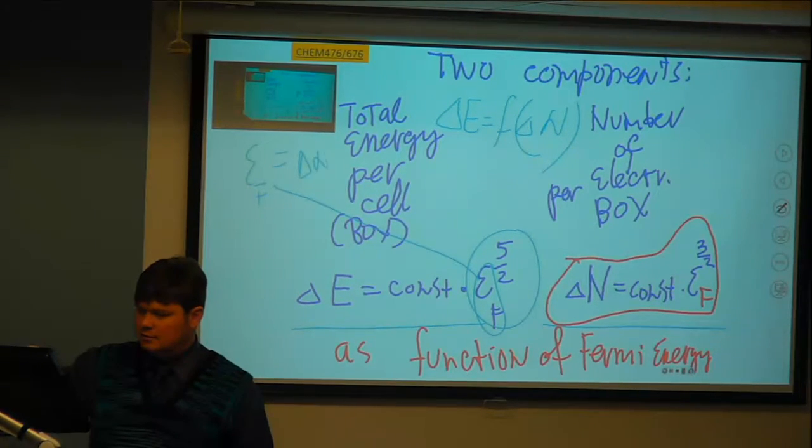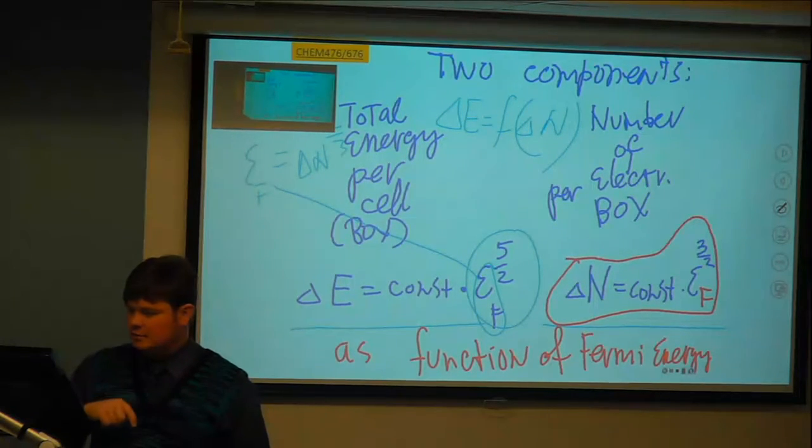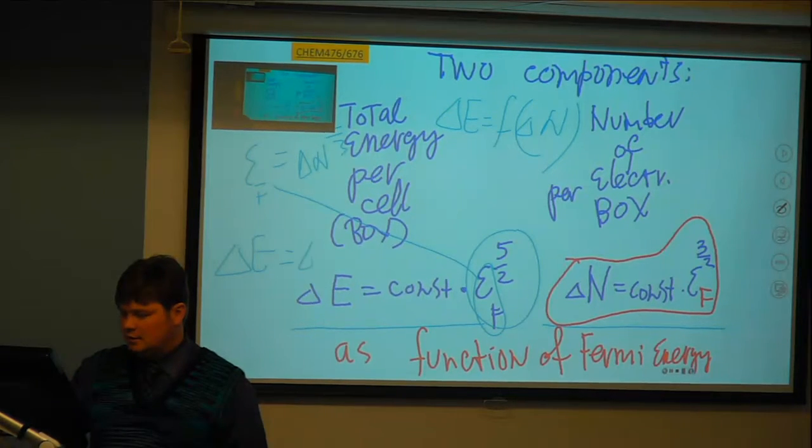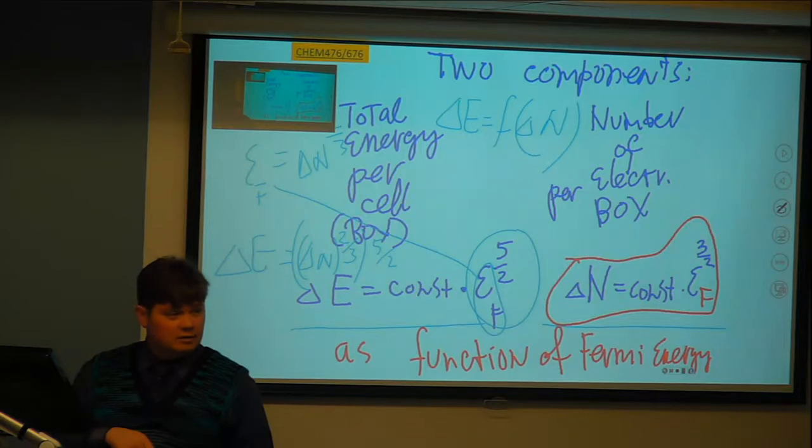Delta n to the 2/3, and you plug it here, and then you get that delta E will be delta n to the power 2/3 to the power 5/2, right?